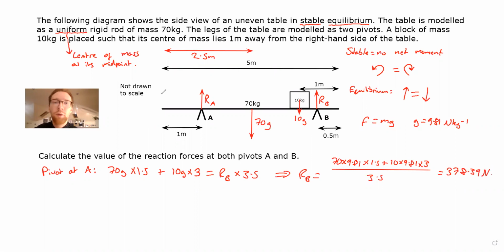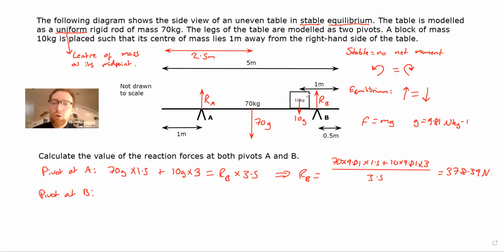So now, we reach a bit of a crossroads here. We could find RA using a pivot at B. If you remember what I said earlier, you might have noticed that from equilibrium, we can also look at the raw forces acting.